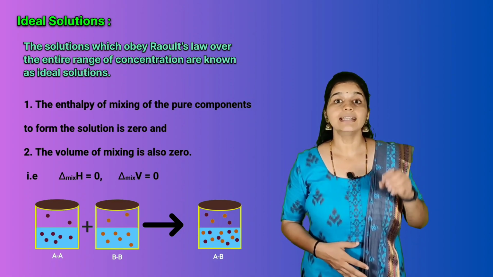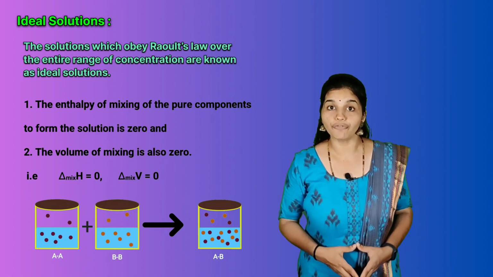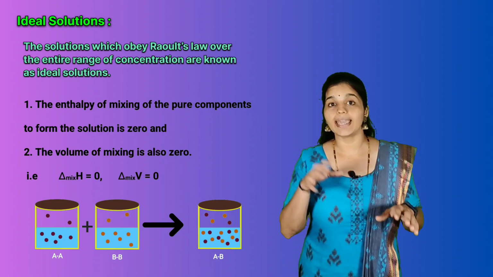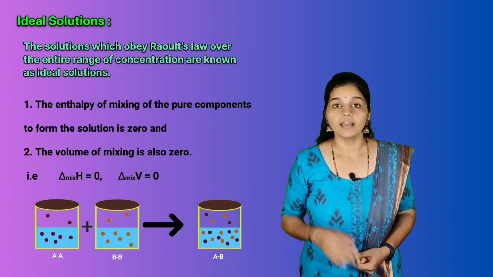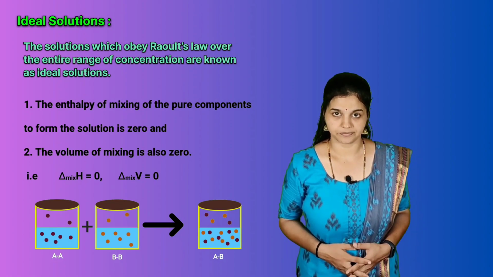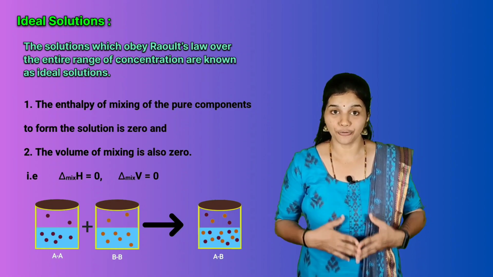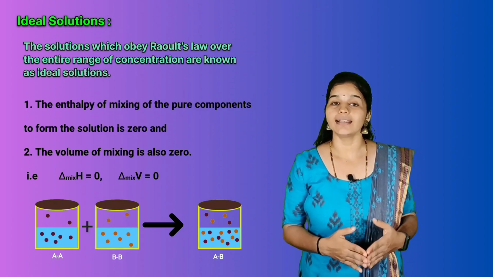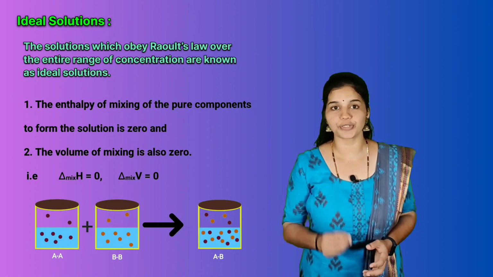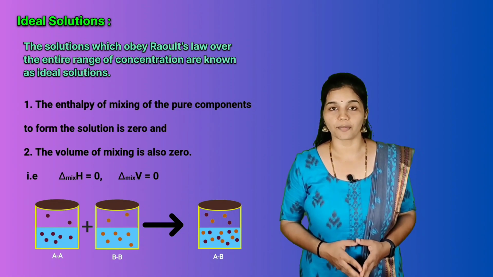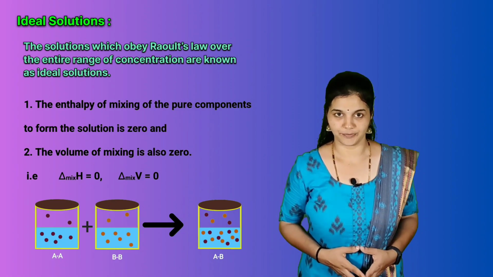Whereas in the binary solution of A and B, in addition to AA and BB types of interactions, we also see AB type of interactions. If the intermolecular attractive forces between AA and BB are nearly equal to those between AB, this leads to the formation of an ideal solution.